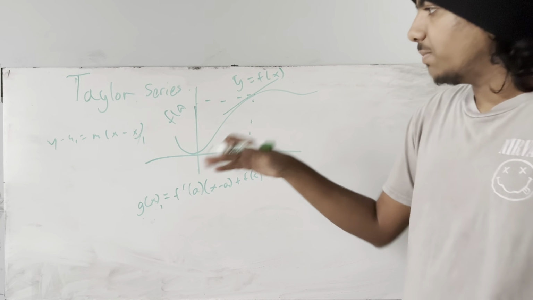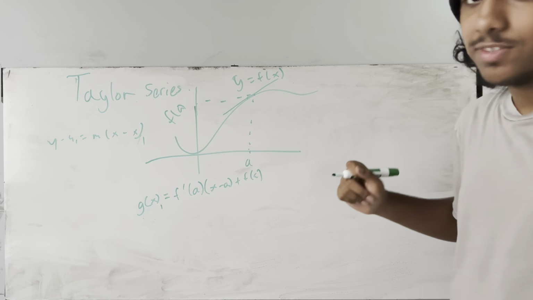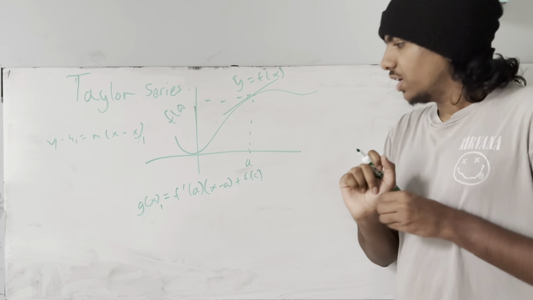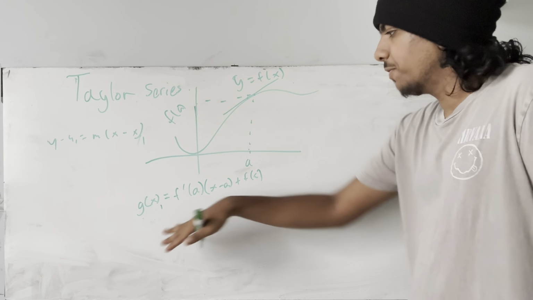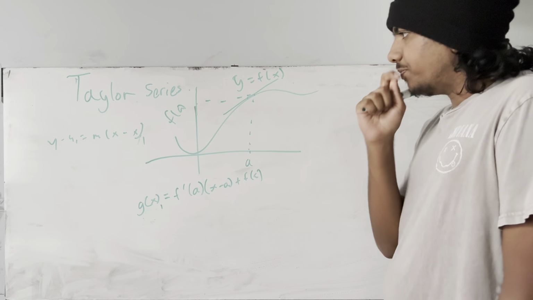Basically, it's the same thing. I just added y1 on that side, and that's f of a. m is the derivative at a, and x1 is just a. So that's g1 of x, the linear approximation.